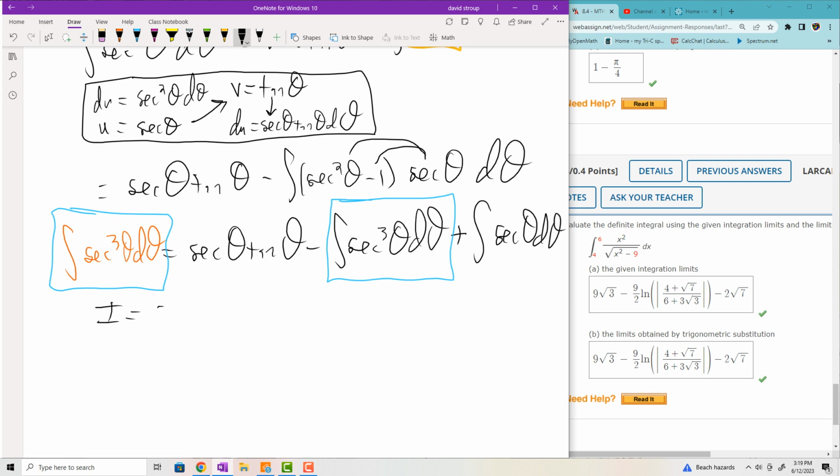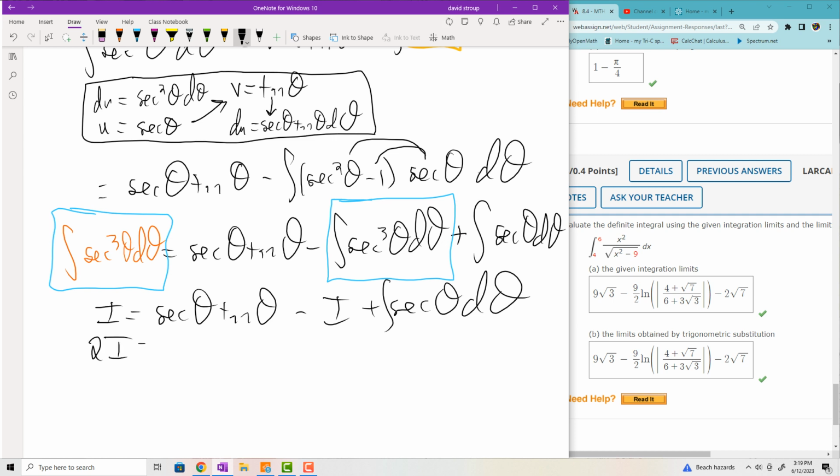So we would have I equals secant theta tan theta minus I plus the integral of secant theta d theta, and then add the I's together. Then we know the integral of secant is just ln secant plus tan.